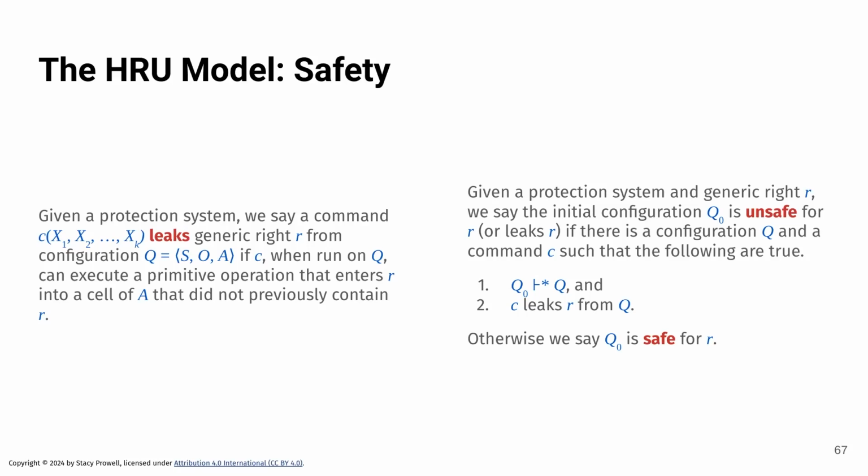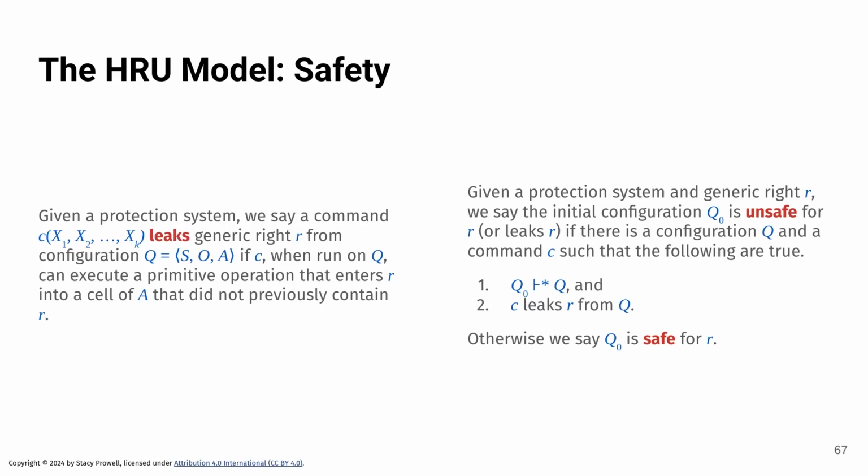It's a lot of words, but what it means is I run a command and a right is granted where it didn't previously exist. In that case, it says I've leaked the right. Well, I can leak rights all the time, right? One of the things that I can do, one of the primitive operations, is to add a right to a cell. So anytime that operation happens, oh great, I've leaked a right. We'll come back and deal with that issue in a moment, because we don't really want to say that every operation like that is leaky. We only want certain ones to be leaky. And we'll come back and address that problem in just a moment.